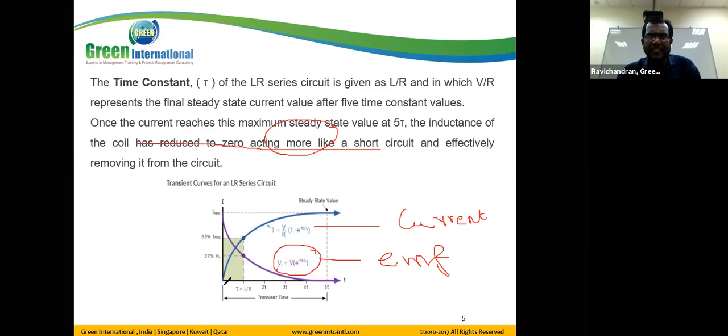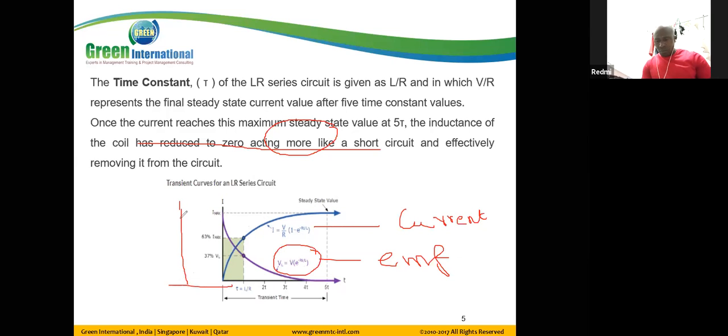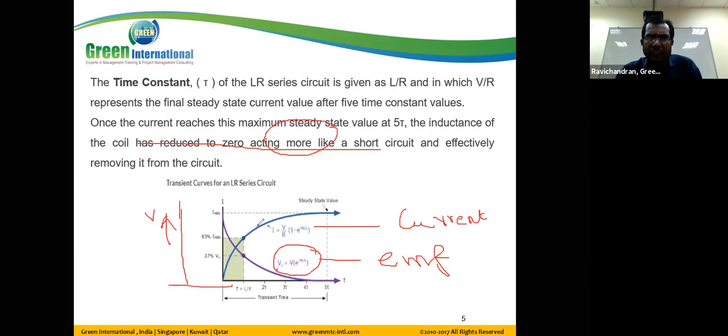At t is equal to 0, the current is maximum. Sorry, voltage is maximum, because draw the graph like this. We have two curves over there. This curve represents the current. This curve represents the voltage.